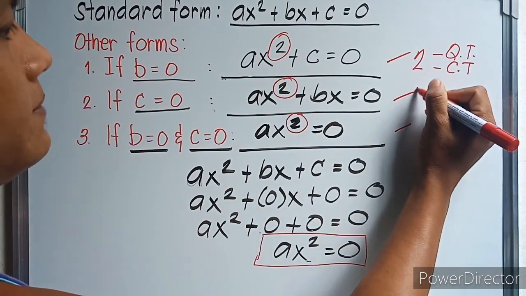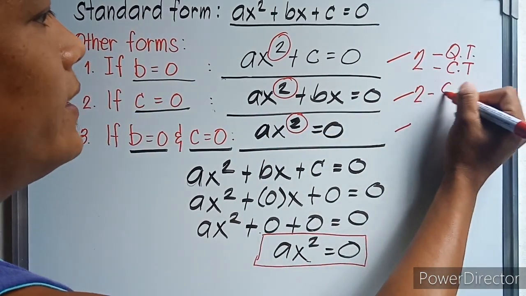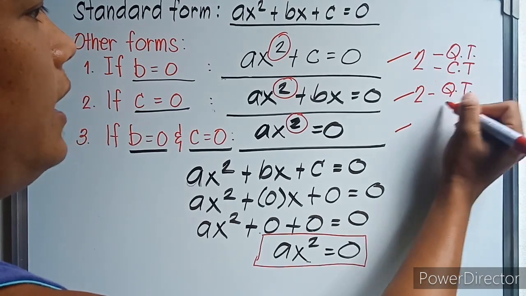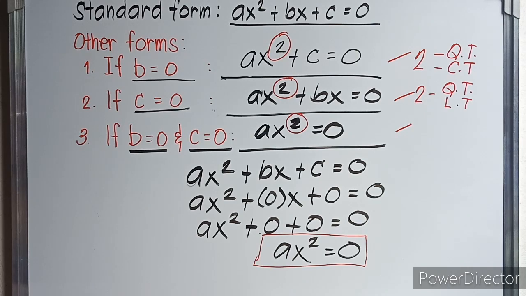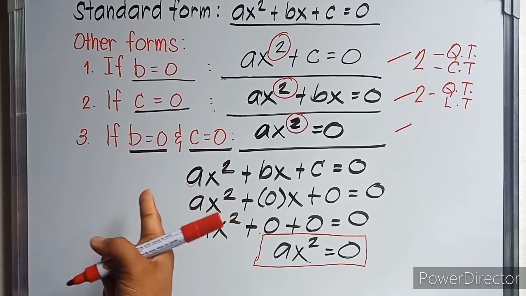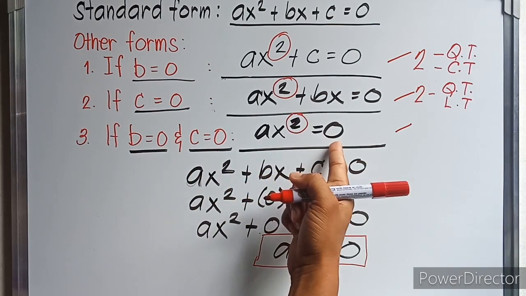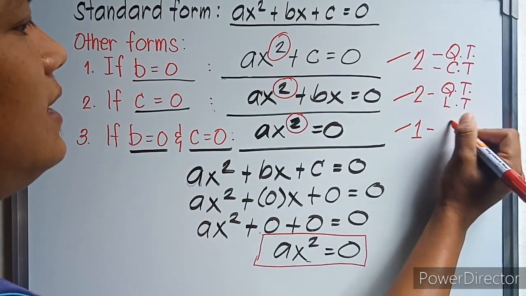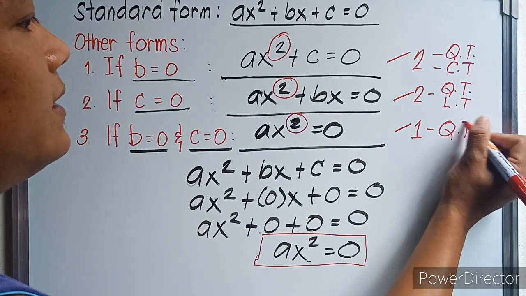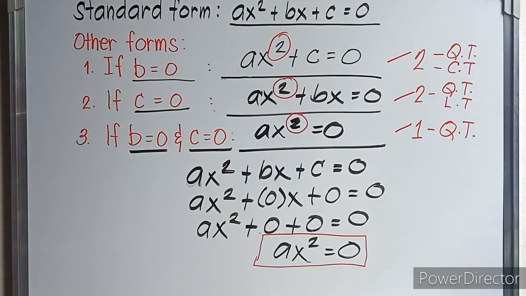So we have 2 terms: the quadratic term and the linear term. So we don't have a constant. And last one, for number 3, ax squared is equal to 0. How many terms do we have? We have 1 term only, and that is only the quadratic term.